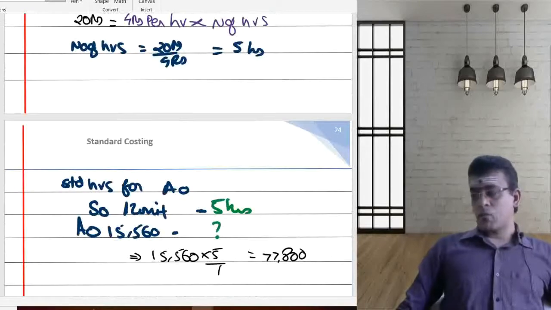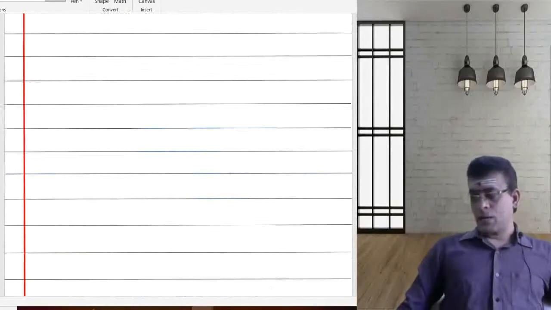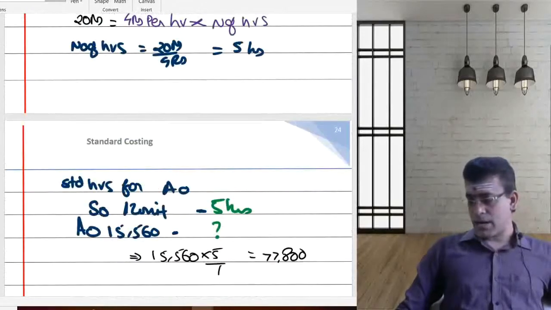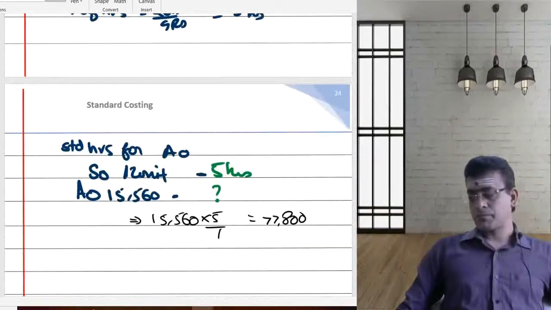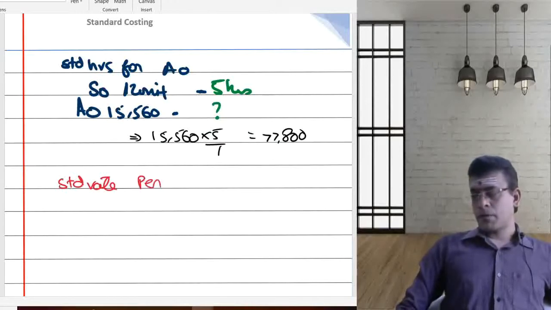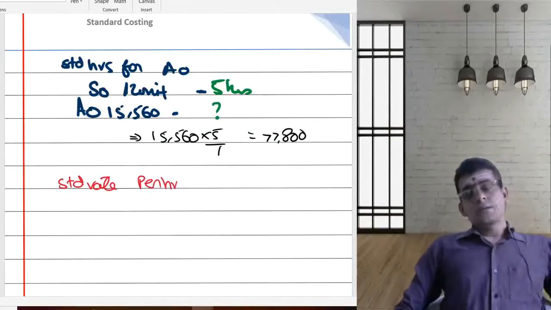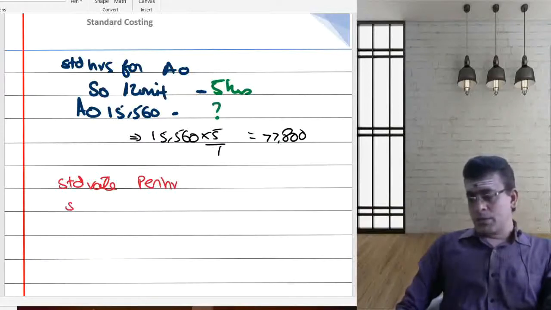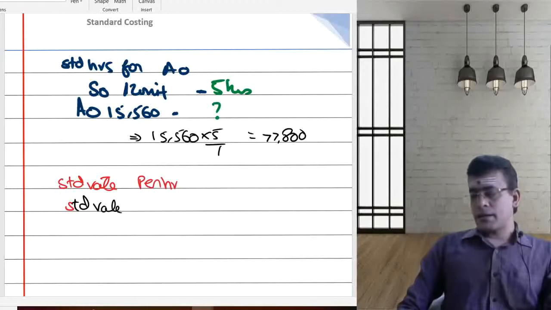Now for that, what I need to do? Segregate. Now let us try to find out the standard rate per hour. For this, two things are important. Here it is clearly mentioned your standard rate is equal to 20 rupees.